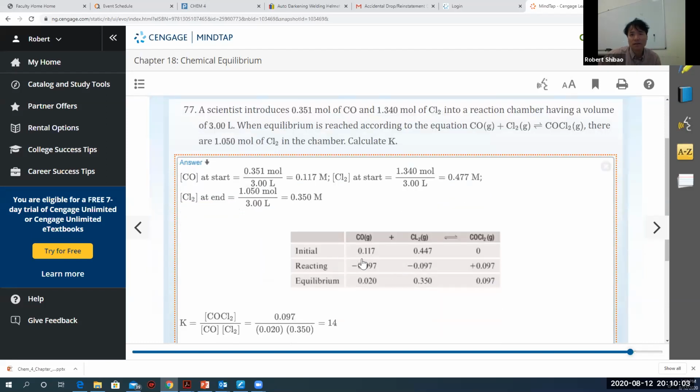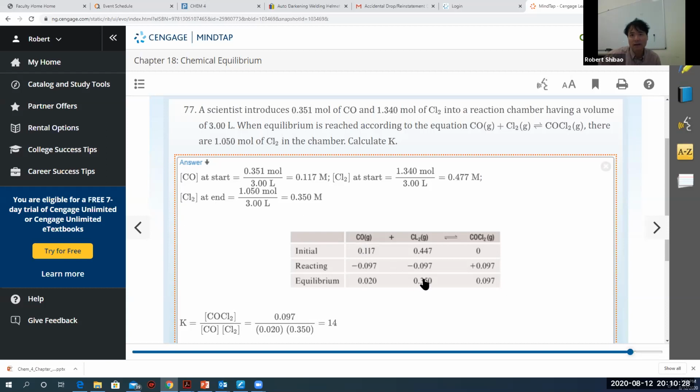They're setting up an ice table here. We start off with the initial, and then they're telling us how much it changed by giving us what it is at the end. We convert all these into concentrations because K's the ratio of concentrations. That's why the numbers don't look the same. They calculate the concentration of carbon monoxide and chlorine at the start, and then the concentration of chlorine at the end.